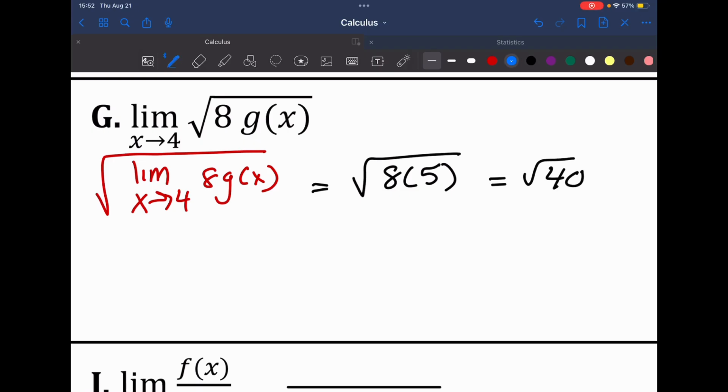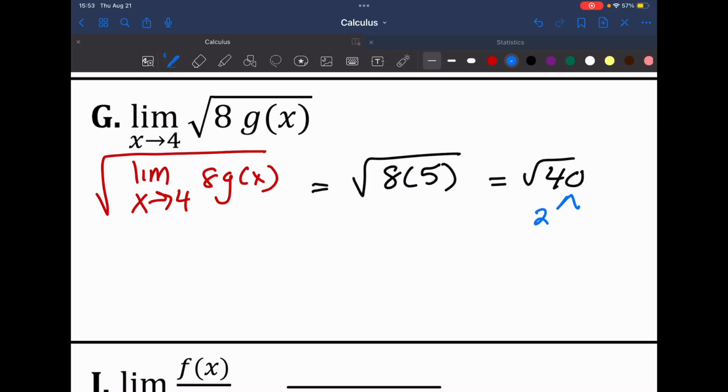However, I have to simplify this since it's a radical, and I do that by doing the prime factor tree. If you recall from Algebra 1, the prime factor tree is where we divide into this radical by prime numbers, so 2, 3, 5, 7, etc. And we stop doing the tree as soon as we stop at a prime number.